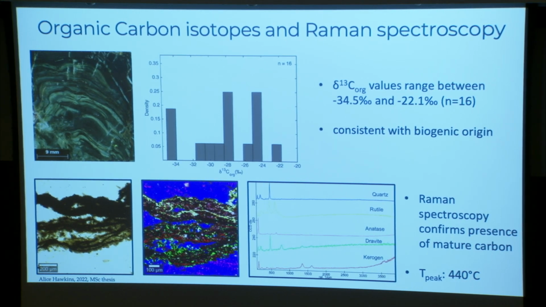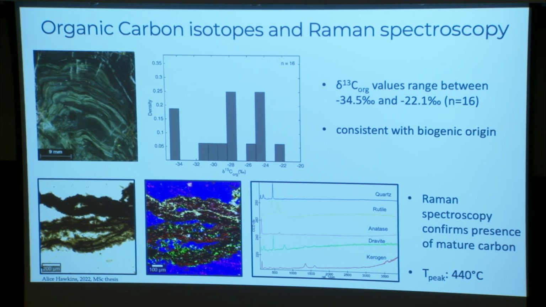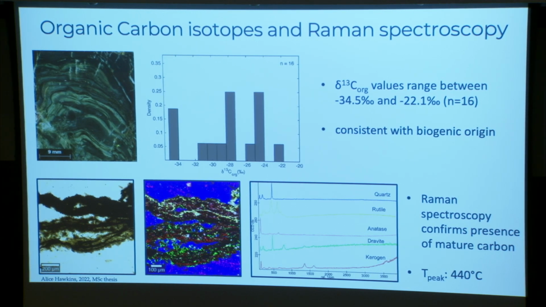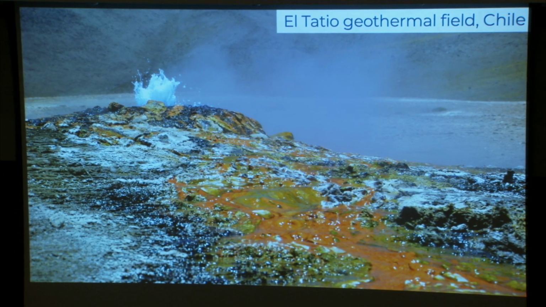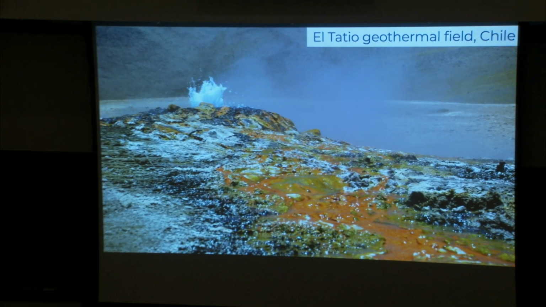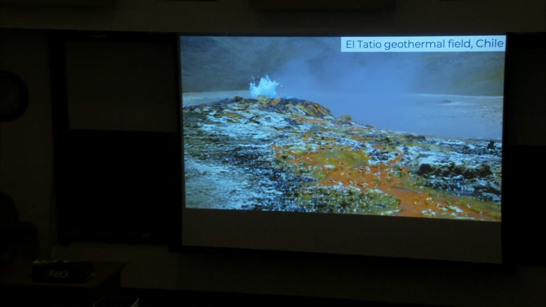And so there's definitely organic matter preserved, but if we look at modern hydrothermal systems or hot spring deposits, for example, this is a beautiful place, El Tatio in Chile. It's above 4,000 meters height, so it's really high, and the air is really thin.